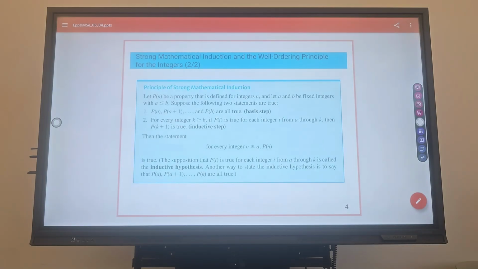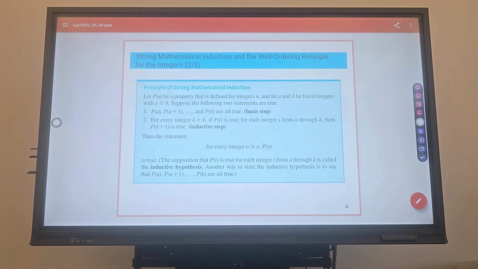So, let P of n be a property that is defined for integers n, and let a and b be fixed integers with a less than or equal to b. Suppose the following two statements are true. P of a, P of a plus 1, etc. to P of b are all true. That's the basis step.